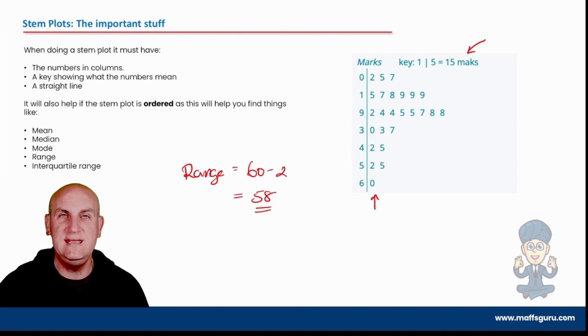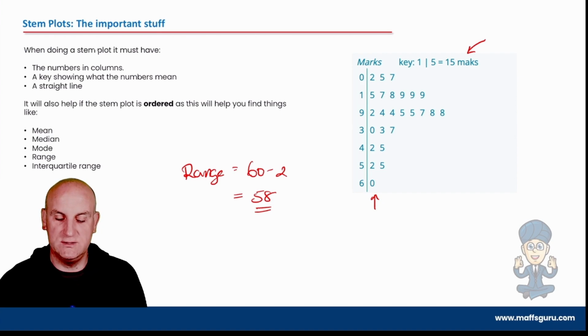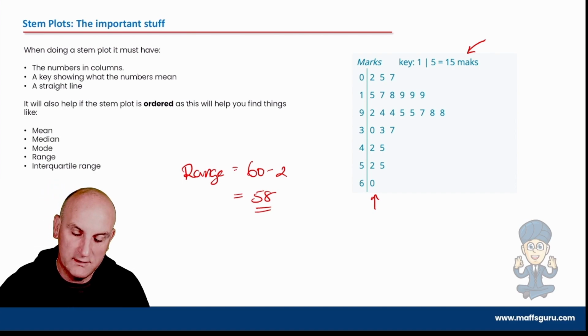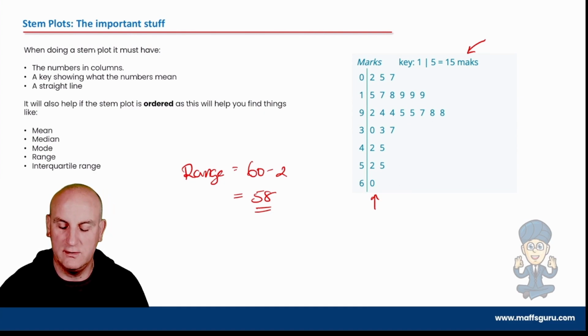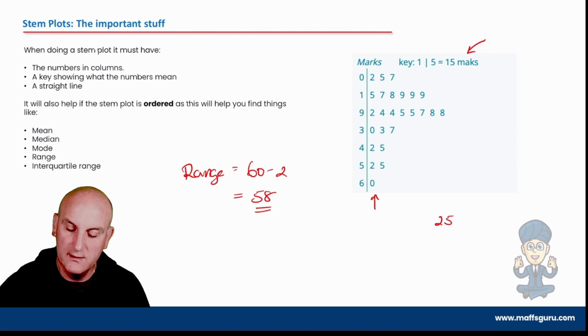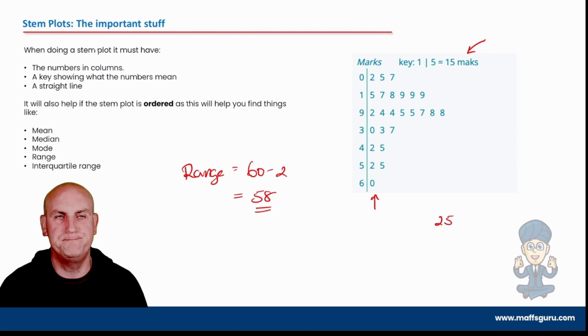What about the median? I want the middle number. Well, I suppose the first thing we need to do is say, well, how do I find the middle number? How many numbers are there? 1, 2, 3, 4, 5, 6, 7, 8, 9, 10, 11, 12, 13, 14, 15, 16, 17, 18, 19, 20, 21, 22, 23, 24. There are 25 numbers. So where would the middle number be? Well, there's lots of ways of doing this, but I can cross numbers off the start and the end.